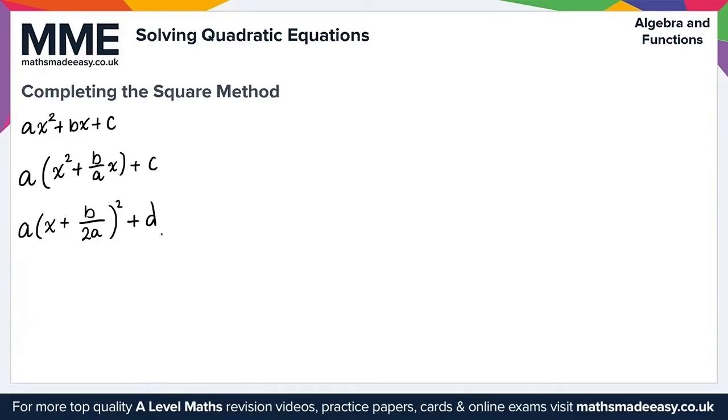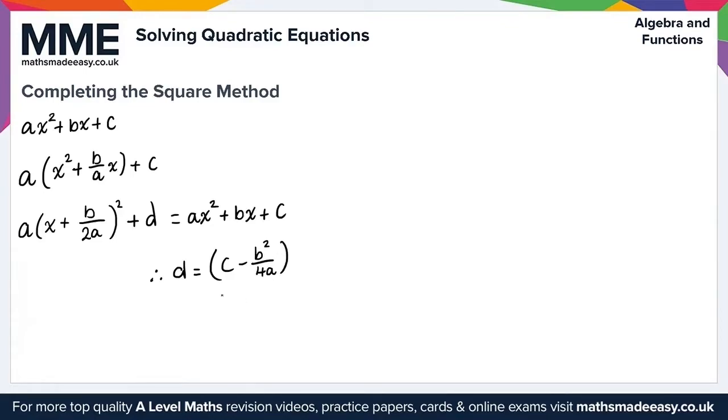And to find d, we set this expression equal to the original expression. So this is equal now to ax squared plus bx plus c there. And if we solve this, we obtain that d is equal now to c minus b squared over 4a.